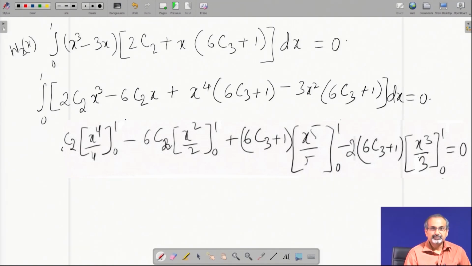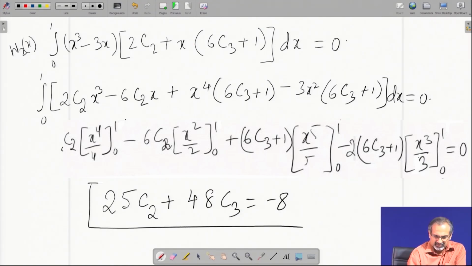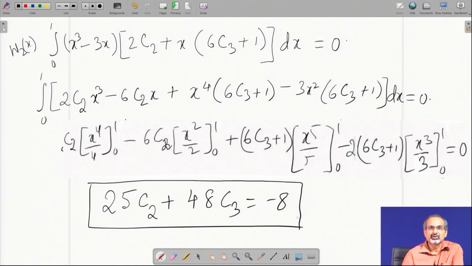And then finally, you will get this equation as your outcome after the integration is completed.